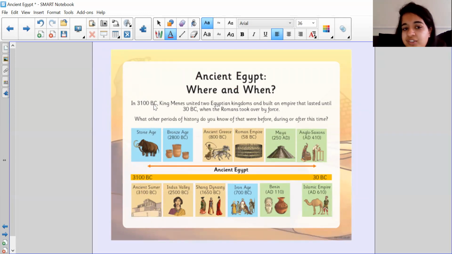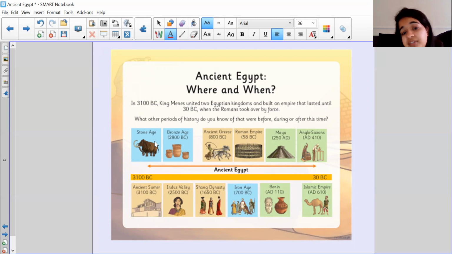In 3100 BC, King Menes united two Egyptian kingdoms and built an empire that lasted until 30 BC. Right about here, the Romans took over ancient Egypt. So ancient Egypt went all the way from here up to here. That's the period we're talking about.